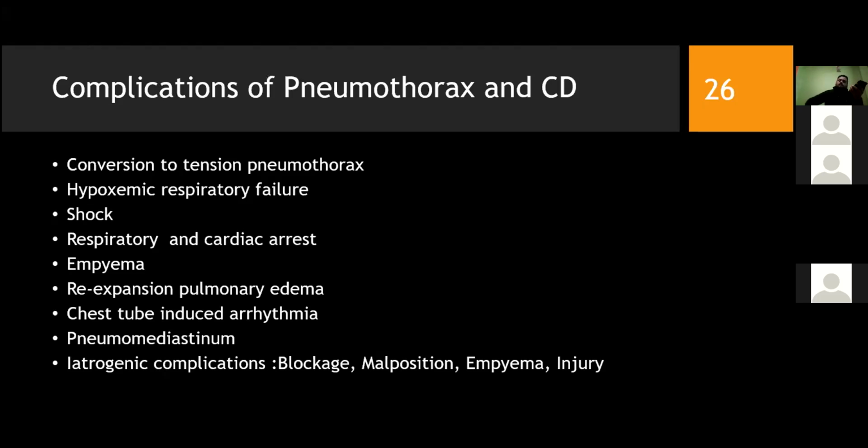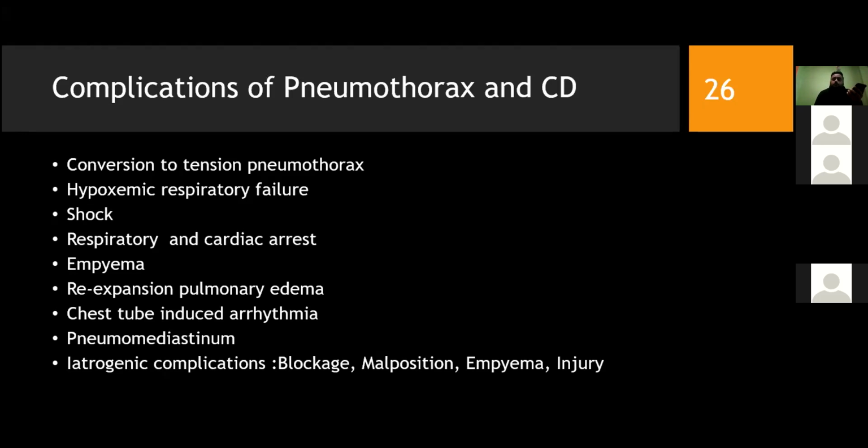These are some complications of pneumothorax and chest drain. A patient may land up in hypoxic respiratory failure, cardiac arrest, then empyema, and chest tube related pathology like re-expansion pulmonary edema.